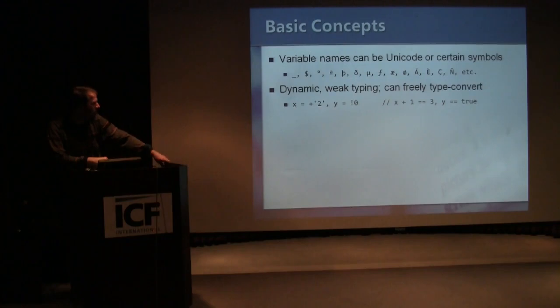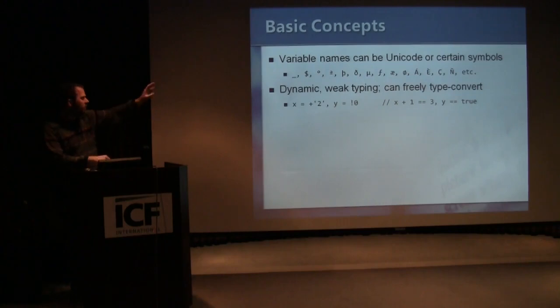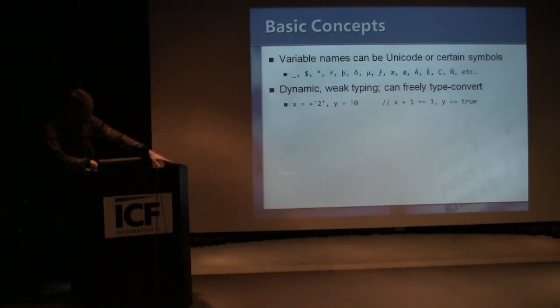It's very flexible with the primitive type, so if you take some variable and plug it into a situation where it's a different data type, JavaScript will do everything it can to convert it to the new data type and keep going. So you can see here, all it takes is to put a plus mark in front of that string, you get a number back, put a not operator on the 0, and you get a Boolean out of it. So that comes in very handy.